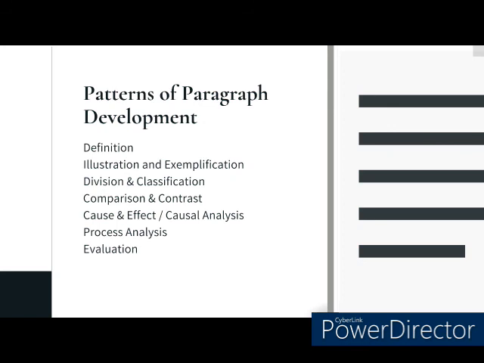So evaluation is sometimes also used in tandem with division and classification if you're laying out your criteria for evaluating something. So these are all examples of how you can analyze or break something down and think about it. Analysis, again, is about understanding something by breaking it down into its constituent elements. And there are various ways of breaking it down, and I have laid out these ways of breaking it down.